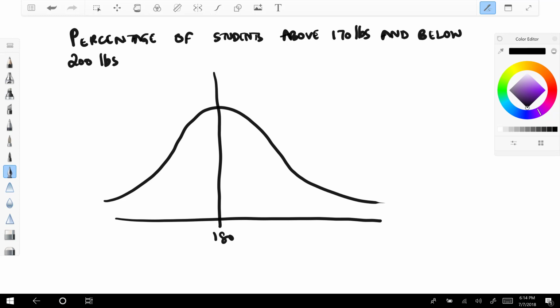So this is mu, and then this would be 170, mu minus 1 sigma, and this would be 190, mu plus 1 sigma.